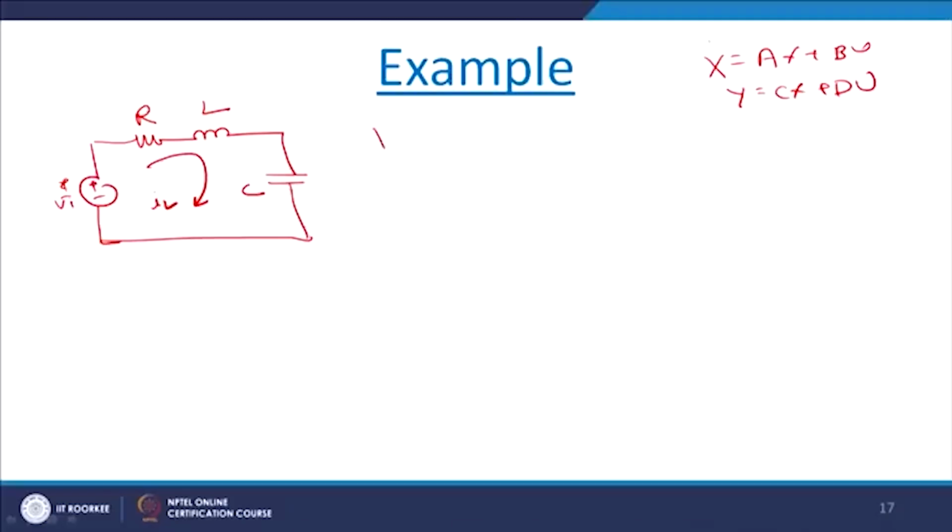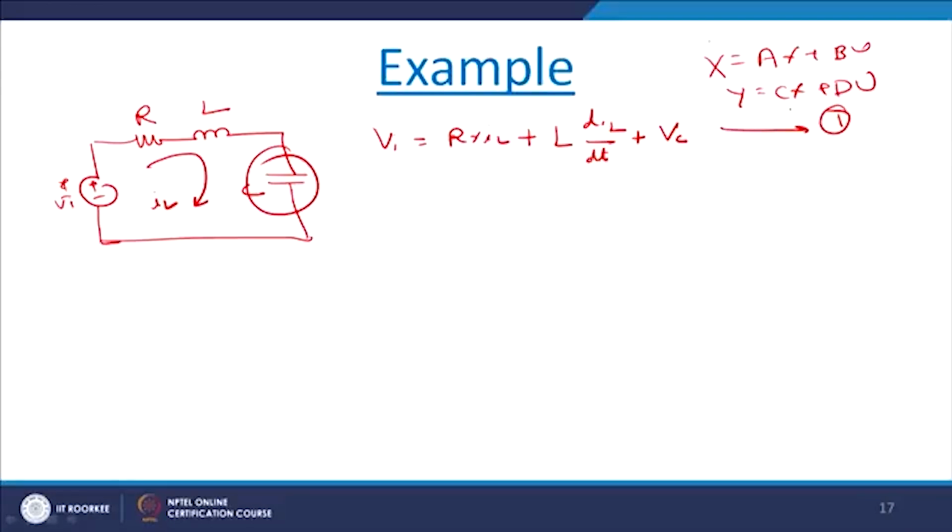We can write Vi, the input, equals R into IL, as we have taken current IL, plus L dIL by dt, plus the voltage across capacitor C. Vi equals R into IL plus L dIL by dt plus Vc. We write this as equation number 1.